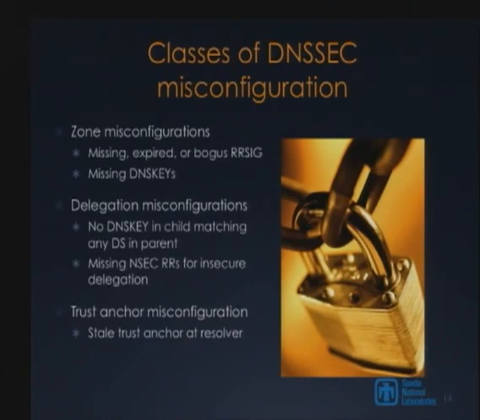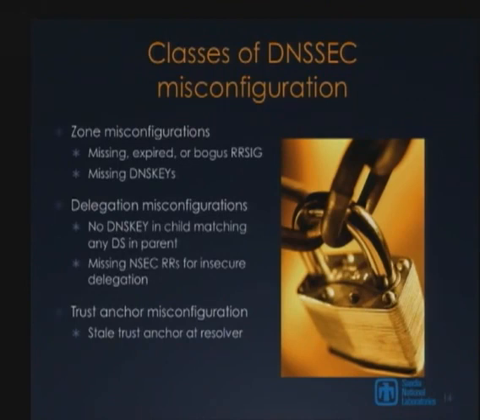Or if your DNS keys are missing, you get the same type of result. Delegation class misconfigurations would be the case where I mentioned that there are DS records in the parent, but they don't map to any DNS key in the child. There's a problem, you have a broken delegation, and you can't follow the chain of trust down.